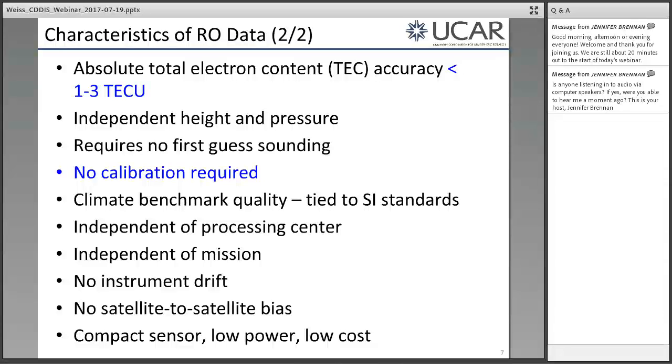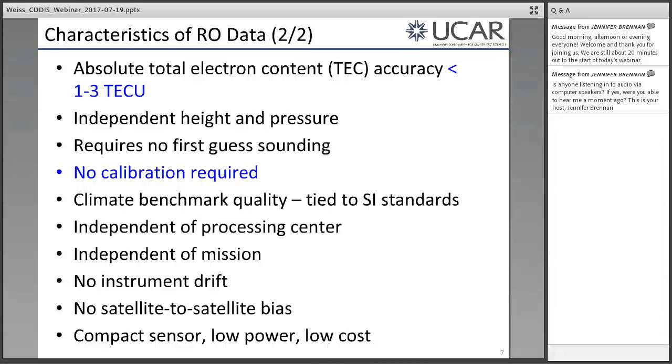A couple of things that are really powerful, in comparison to a lot of techniques out there that are used to sense the atmosphere, is that there's really no calibration that's done with the RO instruments. Everything is tied to SI standards by way of the atomic clocks that are used on the GNSS transmitters.